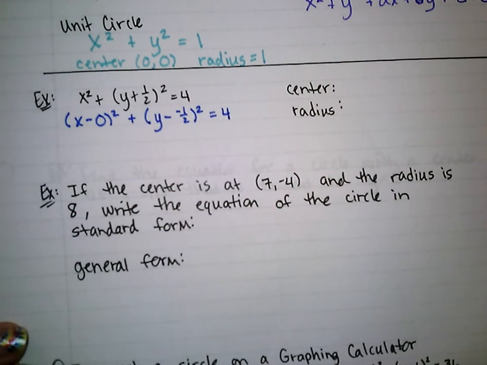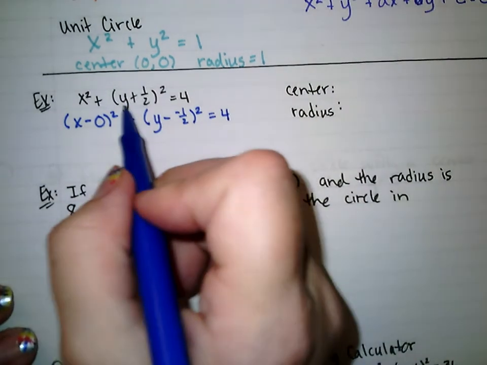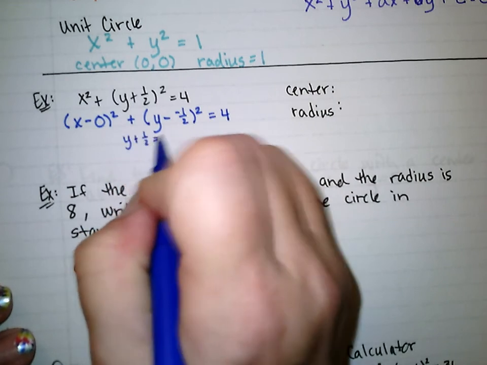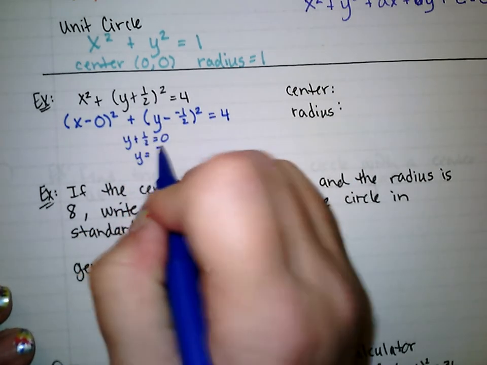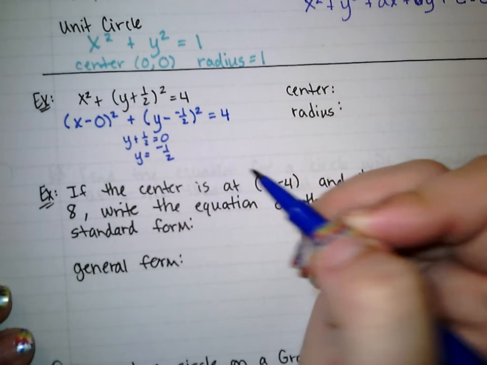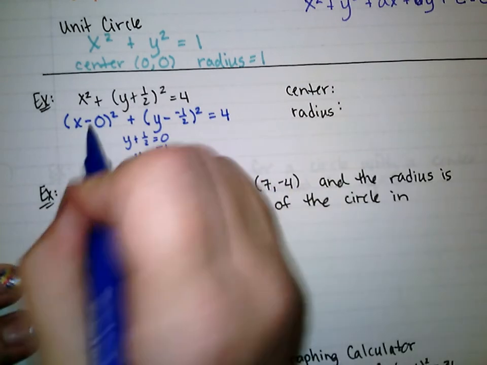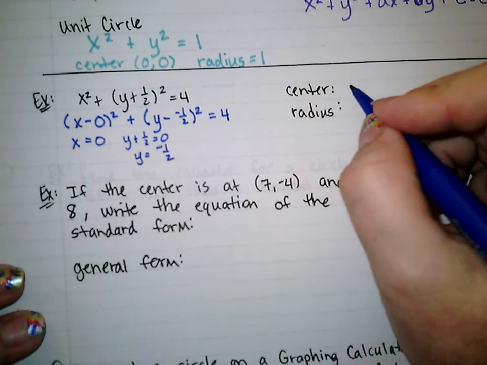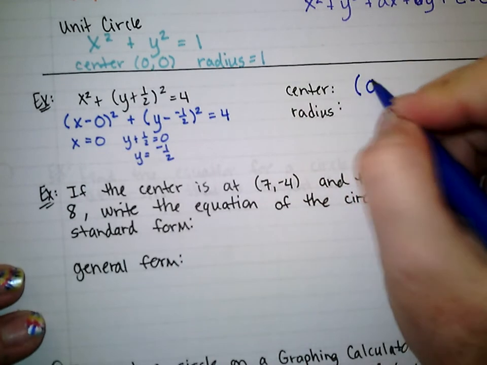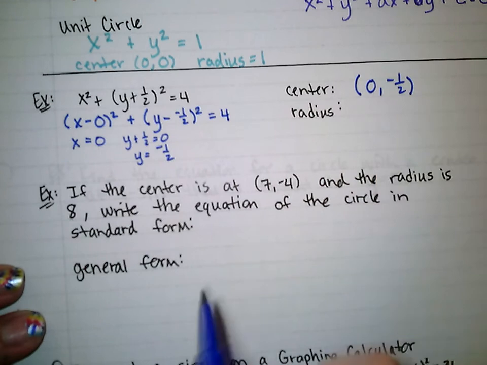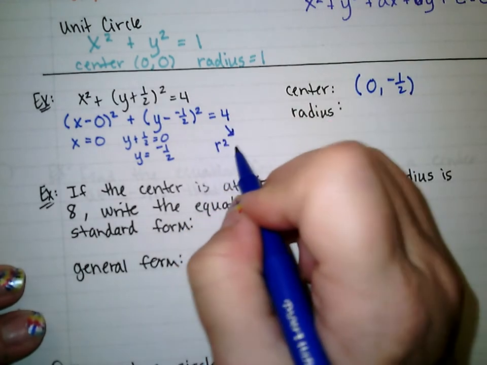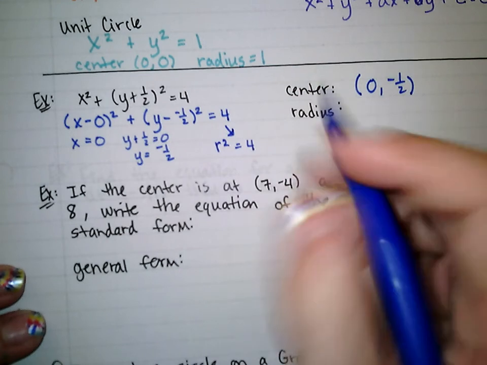Another way to think of it is to set that parenthesis equal to 0, so y + 1/2 = 0, and that gives you the y coordinate of your center at -1/2. Of course, the x coordinate is 0, so the center will be at (0, -1/2).